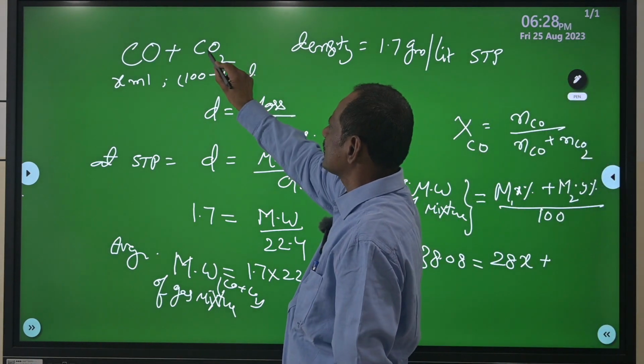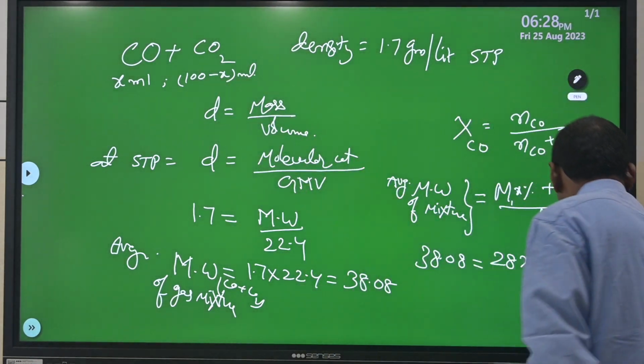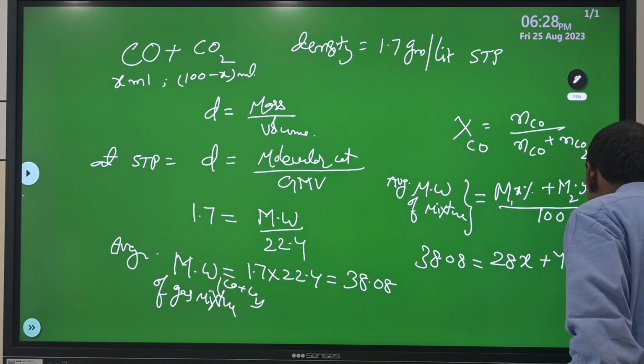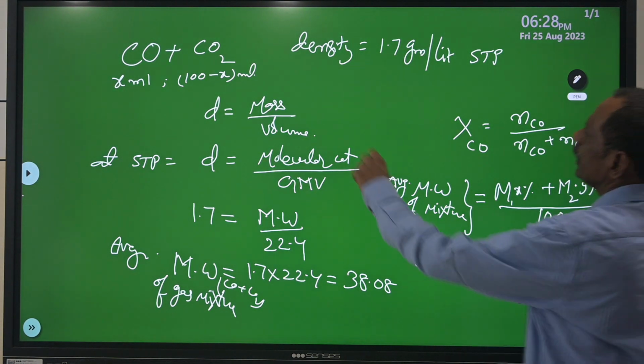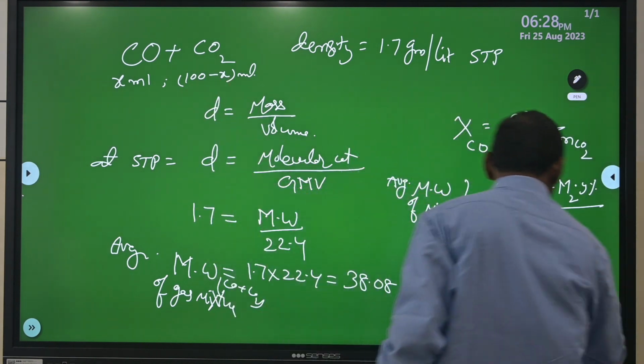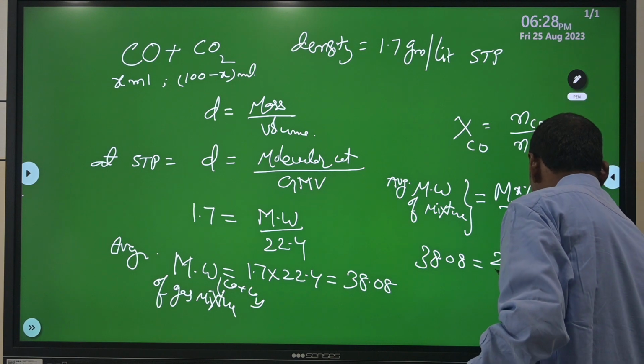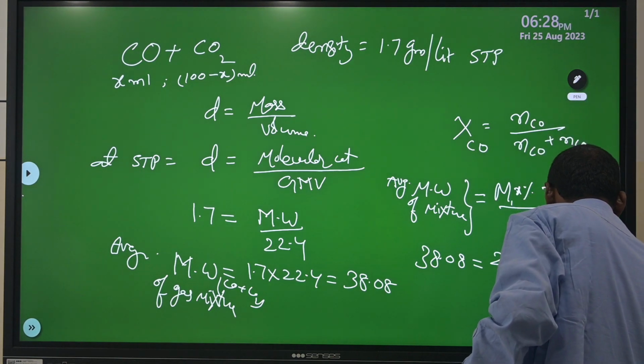M2 is the second gas, carbon dioxide. Its molecular weight is 44 into its volume, 100 minus X, by 100.